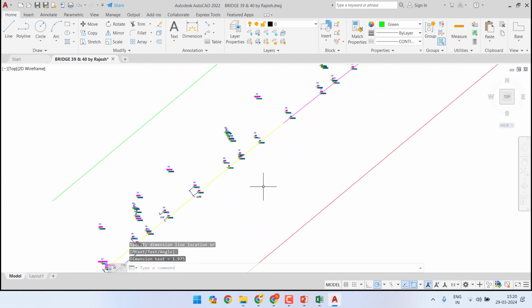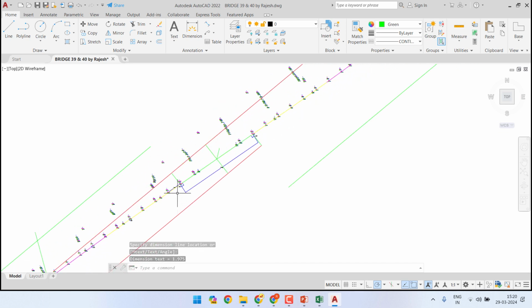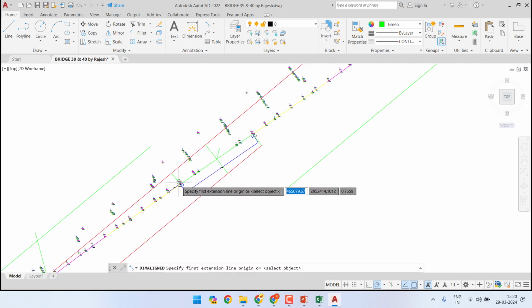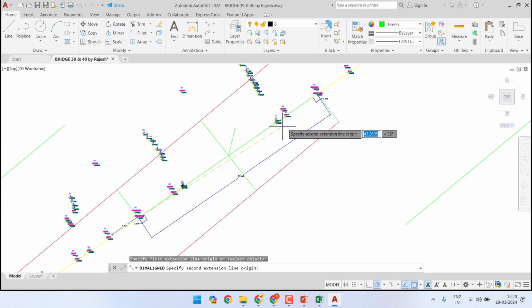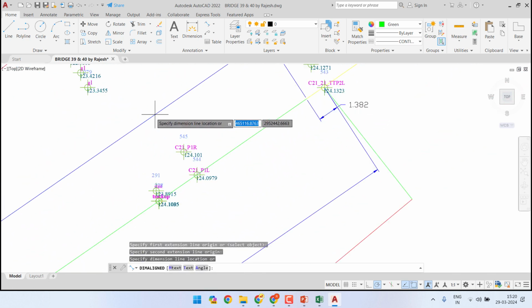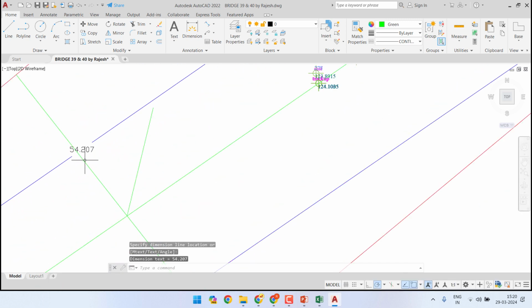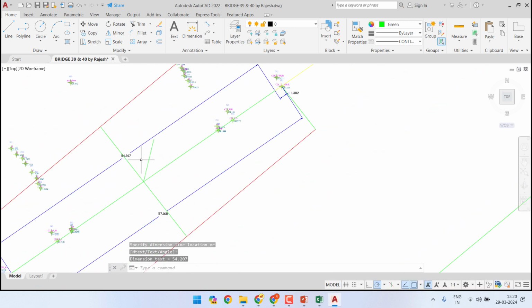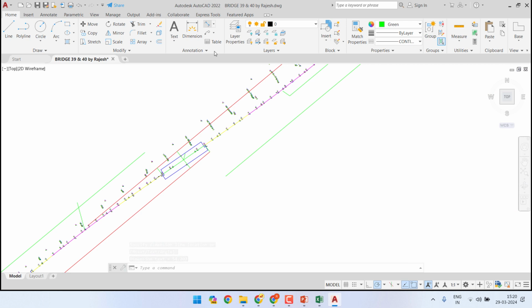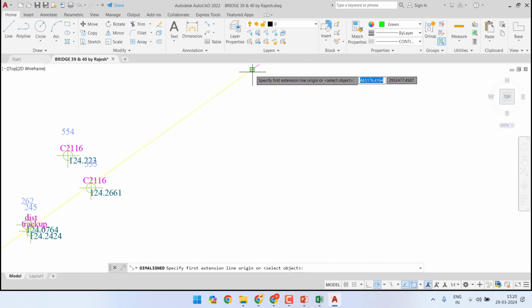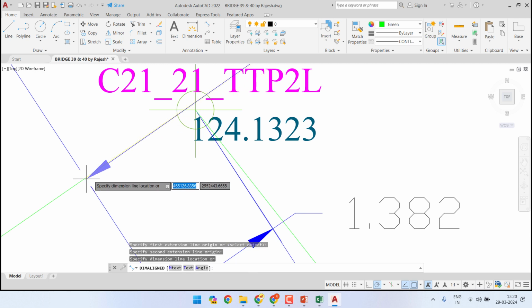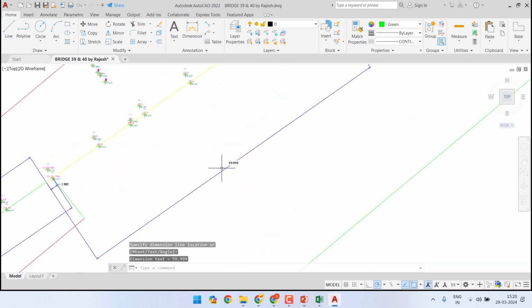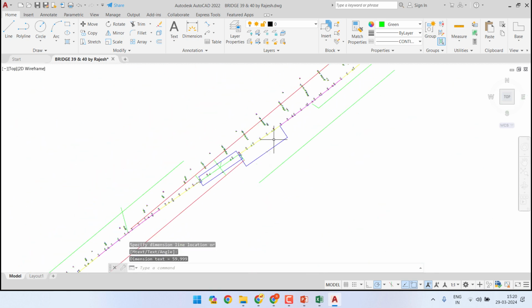Okay, and overall length of the middle straight portion should not be less than 50. So what is the new length in this case? We see it will be more than 50. As we can see, it is 54.207. So new transition length we have used is 60 meters, 59.999, that is 60 meters.